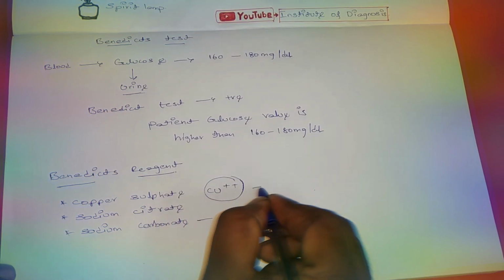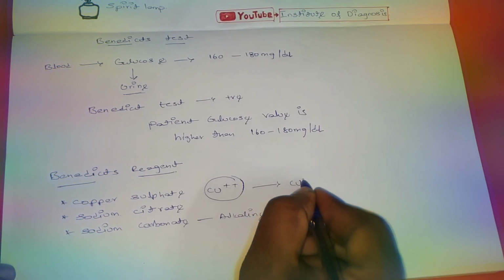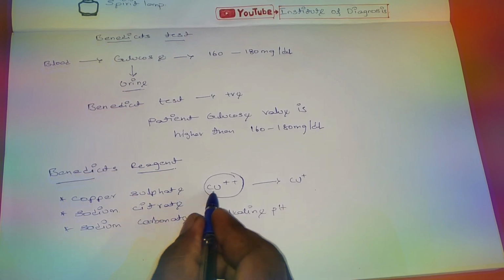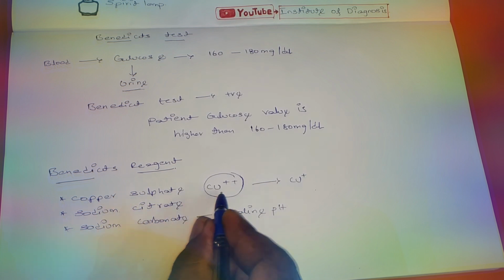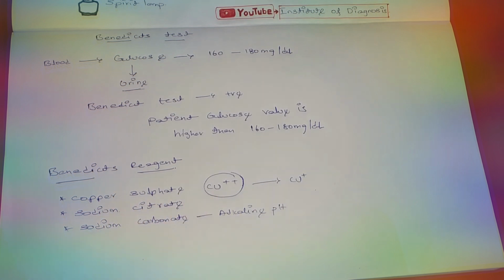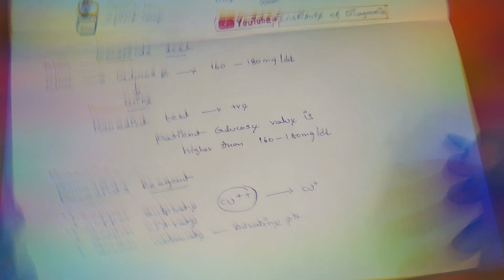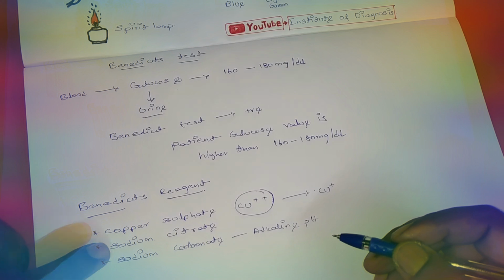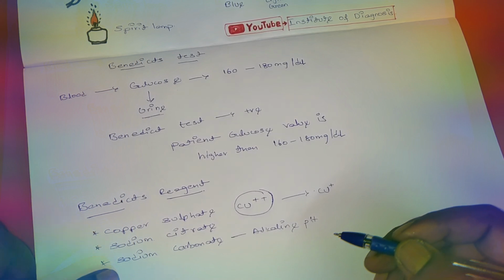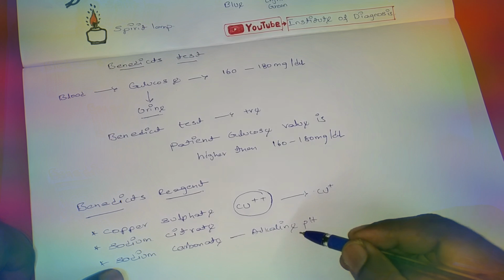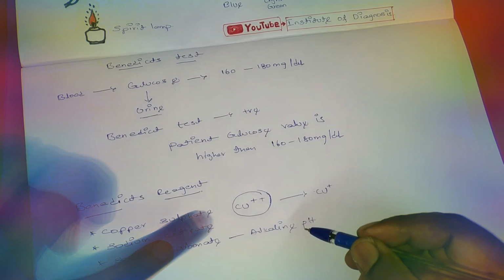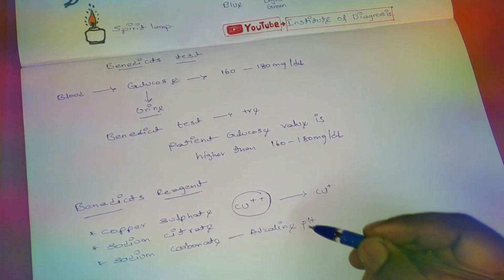Otherwise, the Cu++ will be converted into Cu+. That means it will get reduced when the temperature is increased. So these are the three different types of chemicals present inside this Benedict's reagent: copper sulfate, sodium citrate, and sodium carbonate. Sodium carbonate will help in providing the alkaline pH, and sodium citrate will preserve the cupric ions.